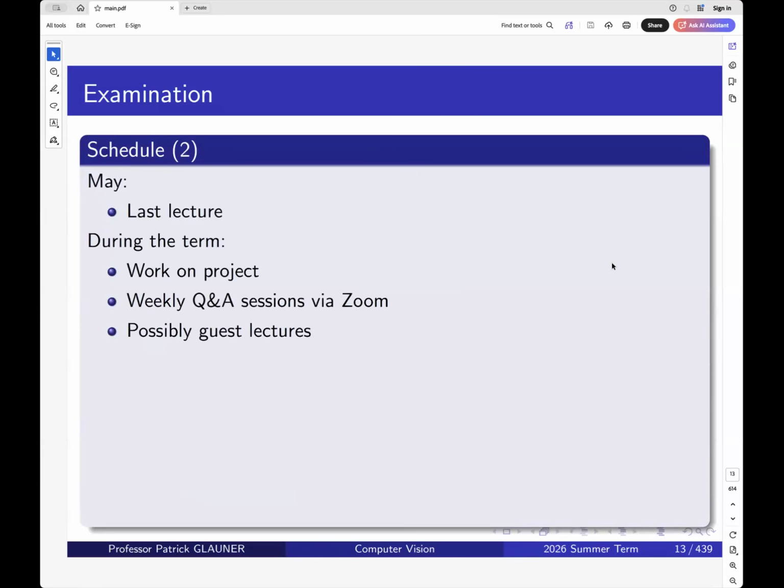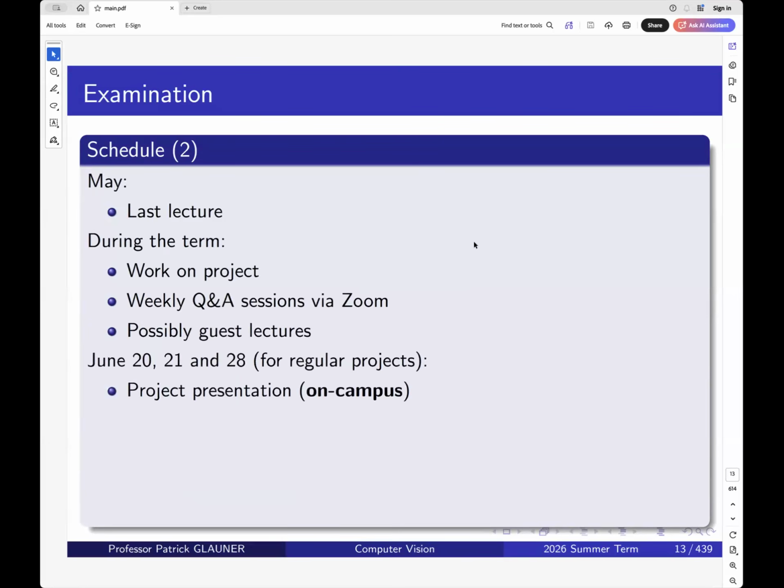Then once you start working on your project or the challenge, lectures will be over largely, and maybe there will be a few guest lectures, and you would work on your project, and whatever help you need, you would get in touch with me. Then end of June, we will have all the project presentations.